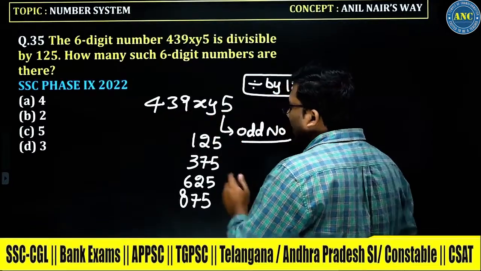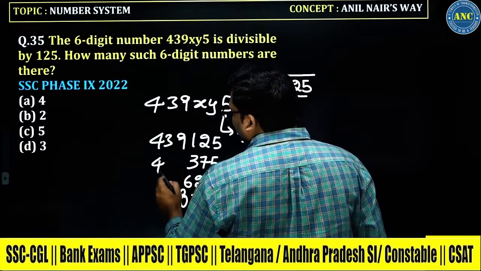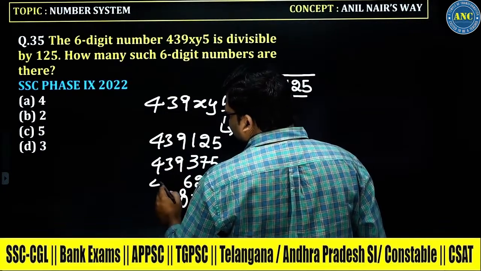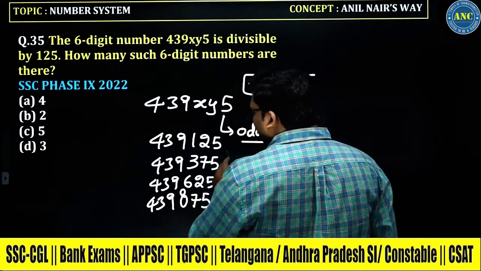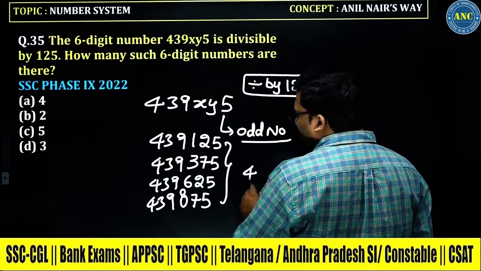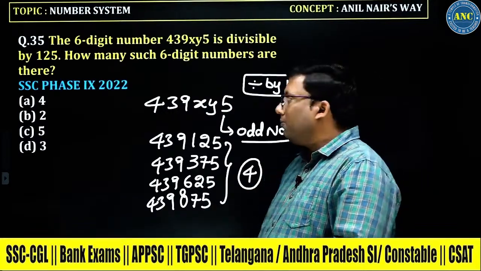So the numbers are 439125, 439375, 439625, 439875. Totally 4 numbers I got.